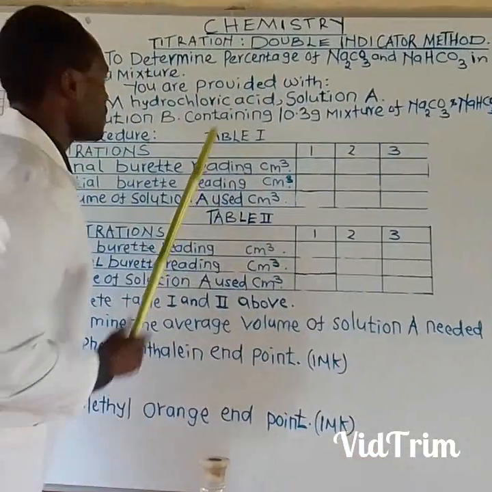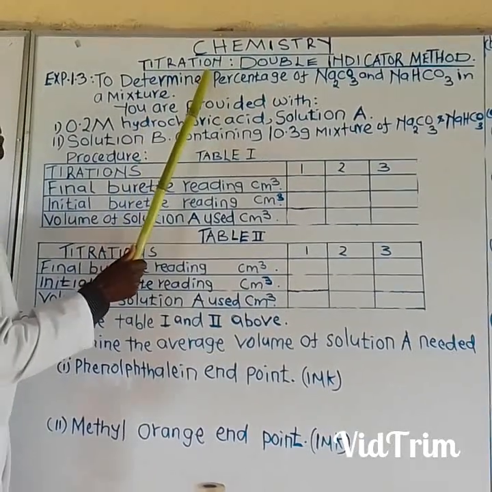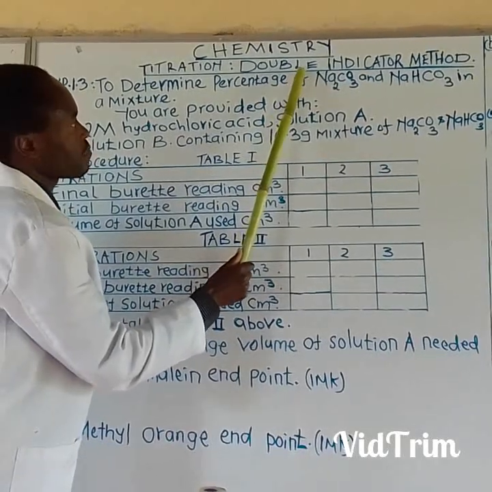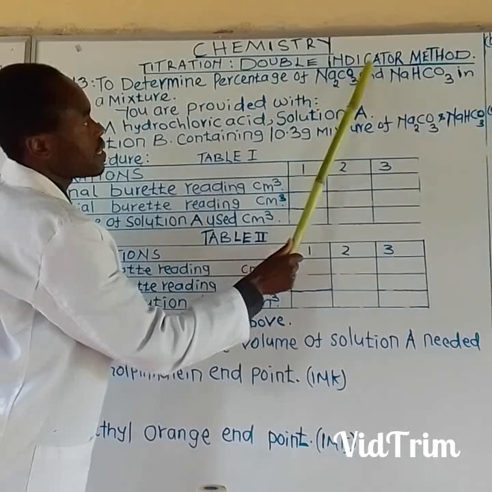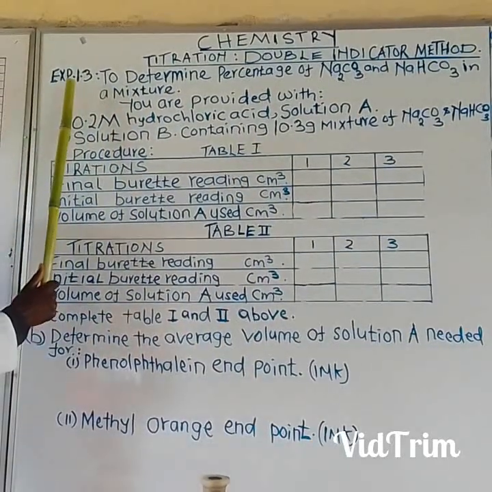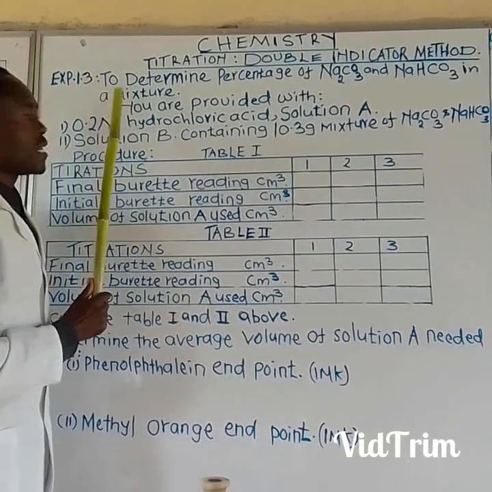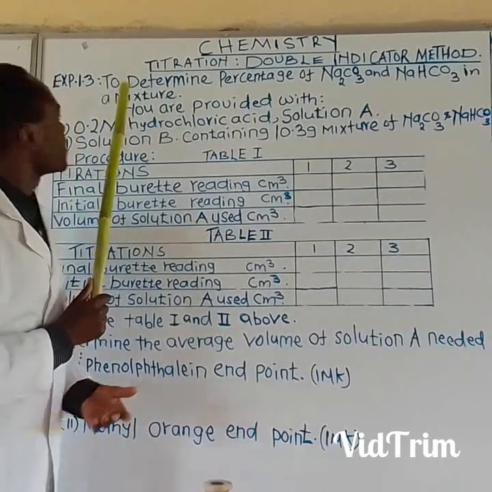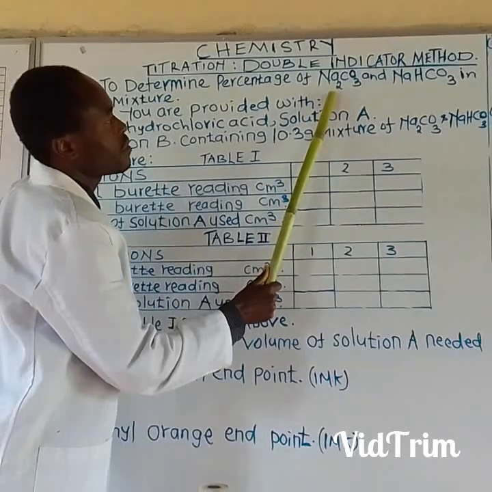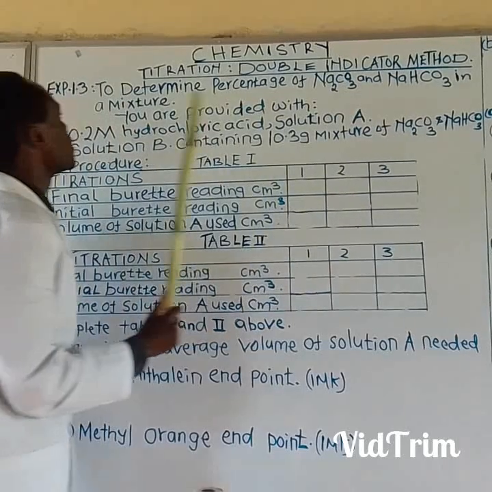On my board here, I've written titration, but as I have said, specifically the double indicator method. Is it okay? Then this is experiment 1.3, and the aim of this experiment is to determine the percentage of sodium carbonate and sodium hydrogen carbonate in a mixture.